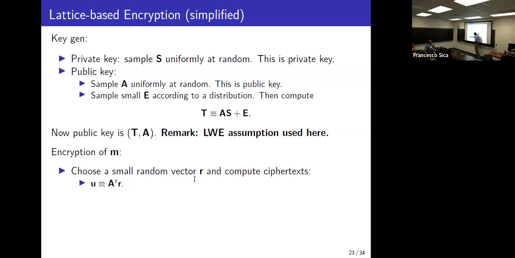The first part is U, which equals A transpose R modulo the underlying modulus. Remember that A here is a tall matrix, and therefore A transpose is a wide matrix. So a wide matrix times a randomness R is exactly our SIS assumption. So this part would be secure because of the SIS assumption that we mentioned before.